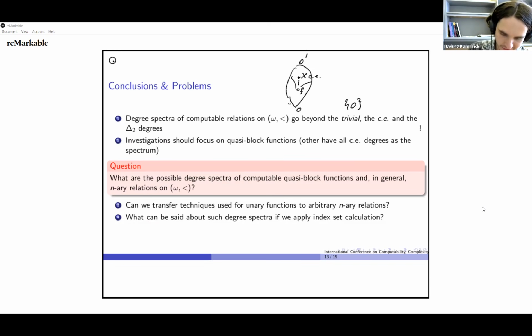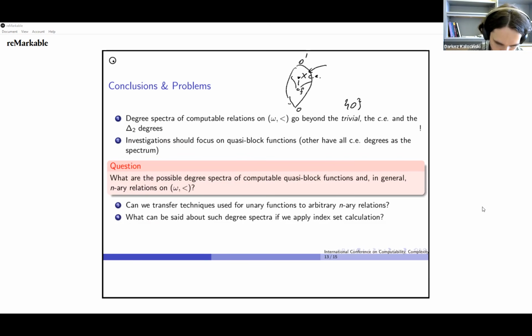Our construction also produced this C set by Friedberg-Muchnik, and we can just fix the C set, non-computable, and produce a similar spectrum.